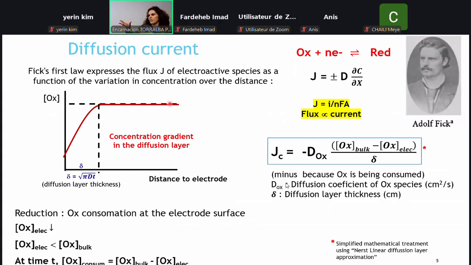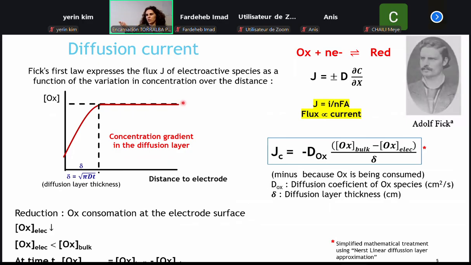This limited diffusion current: we have the traditional current by diffusion that is here, and we reach the limit when the concentration at the surface of the electrode reaches 0. So here, at the beginning of the experiment, we only have oxidized species and it's constant before applying a potential.